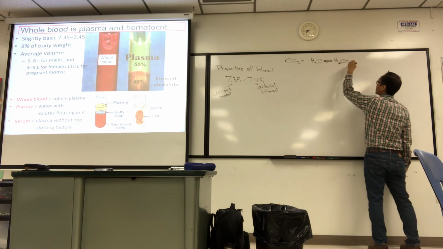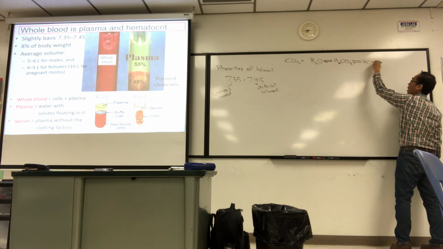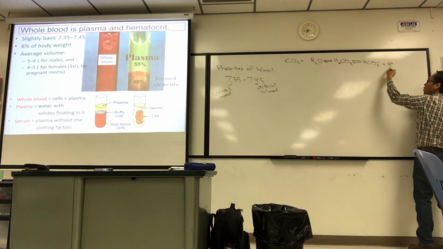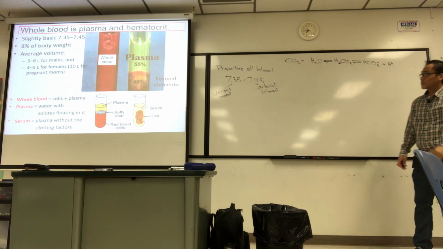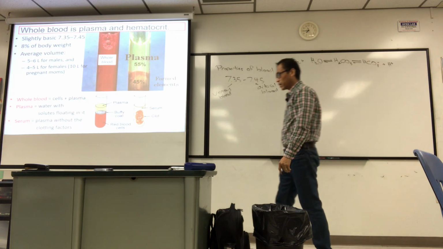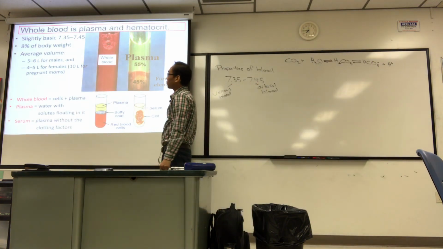That's a weak acid which can partially dissociate to bicarbonate. We'll use this equation a lot in this class, from here on out, but particularly in respiratory. So that's why there's a range.